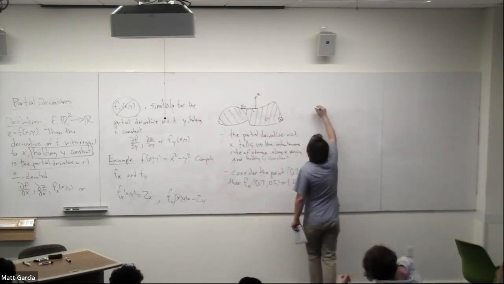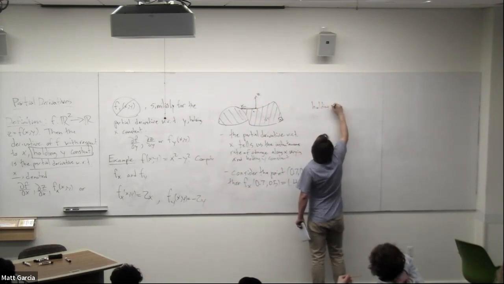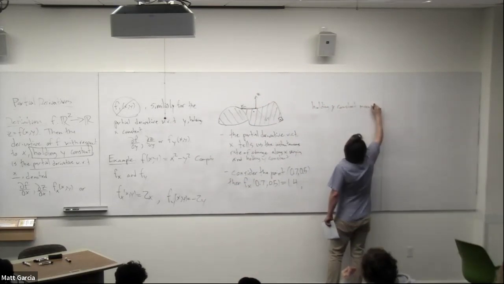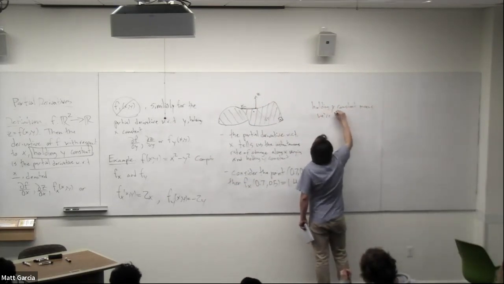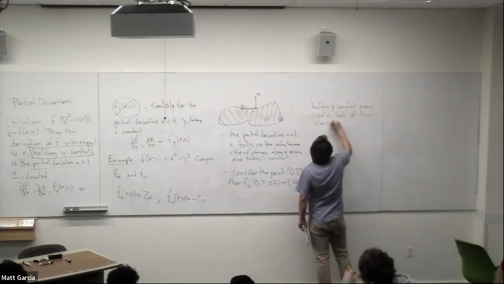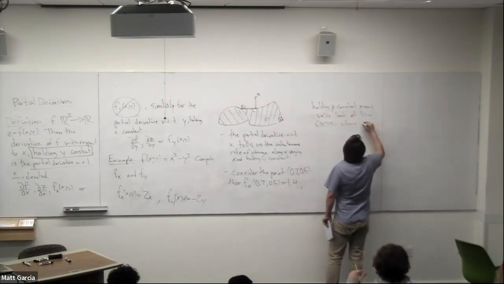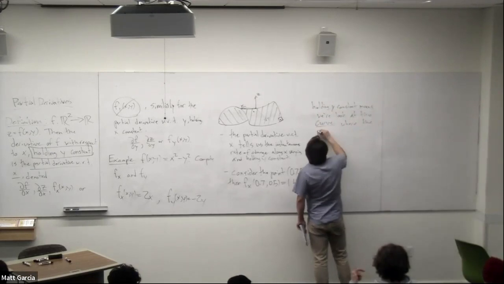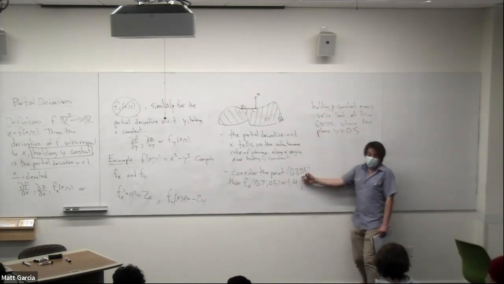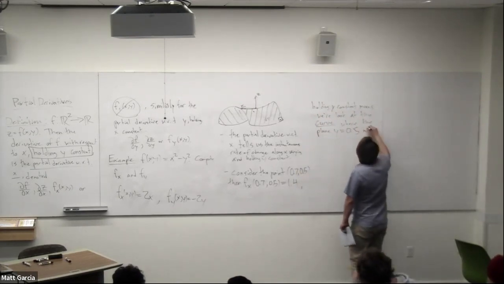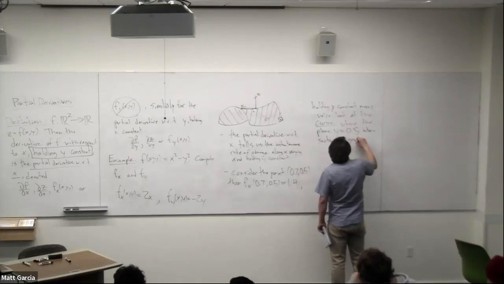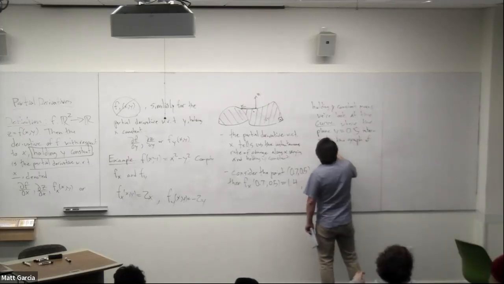Okay, so holding y constant means we're looking at the curve where the plane y equals 0.5, the y value from the point, intersects the graph of f.